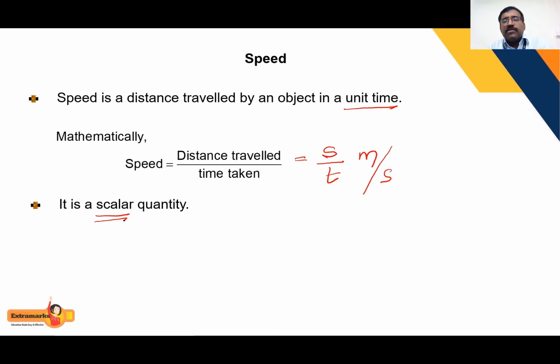Sometimes some people say that a scalar has only magnitude but no direction, but that is not absolutely correct, because current has direction as well as magnitude. But current is still a scalar because it does not obey the law of vector addition. Understood? So whenever you are defining a scalar, please mind that as per vector notation, a vector has both magnitude and direction, and it should obey the law of vector addition.